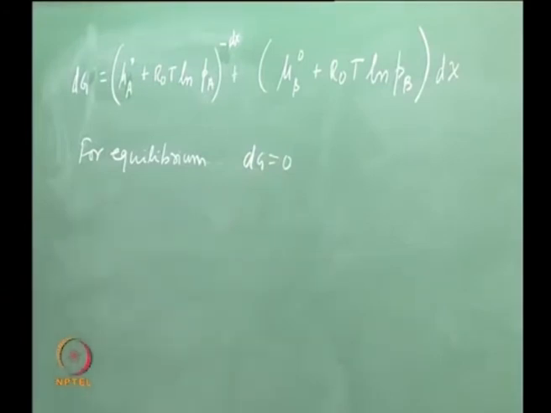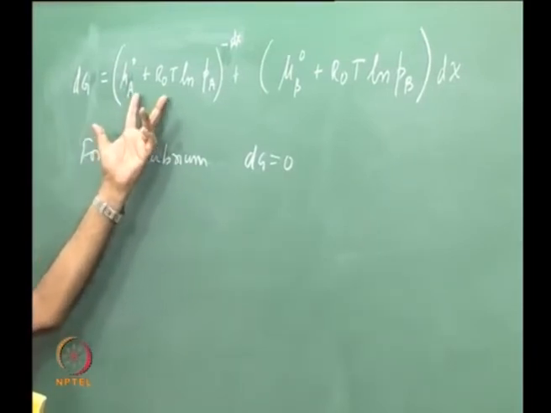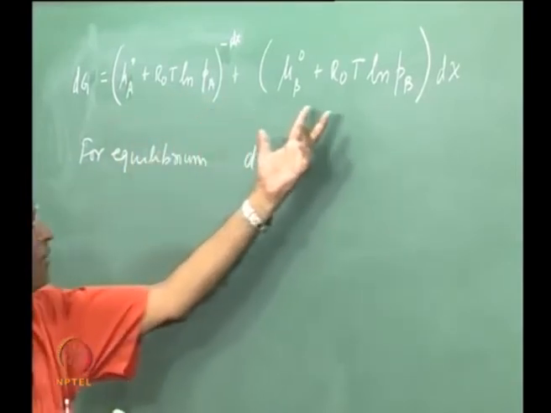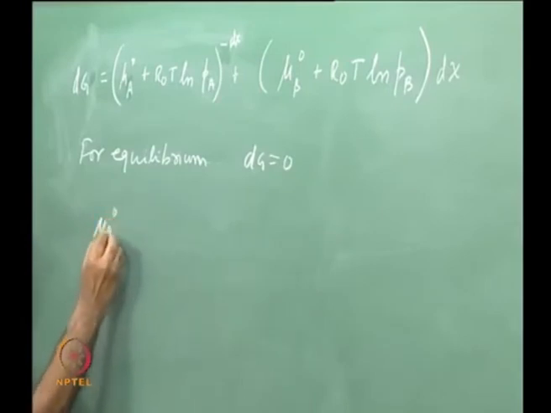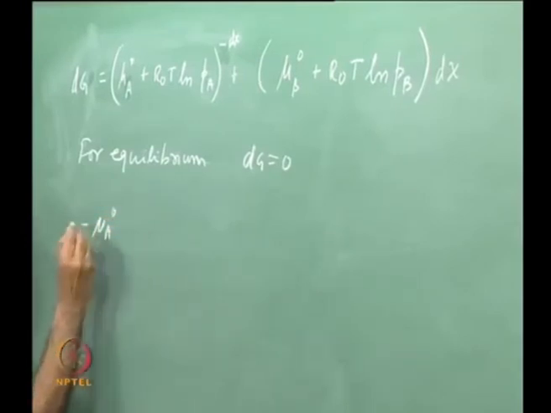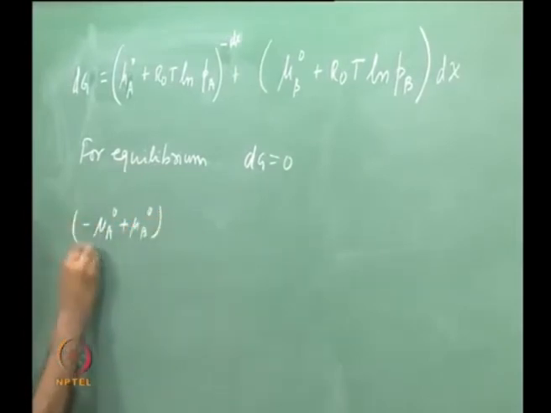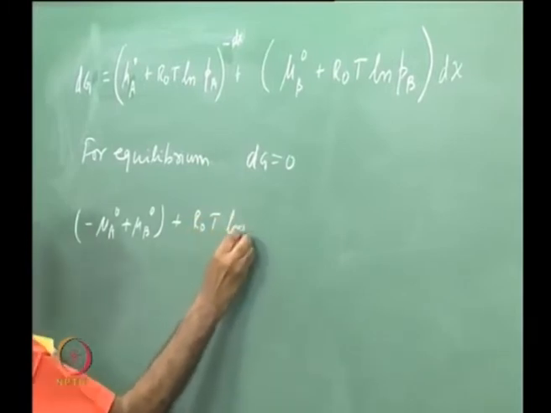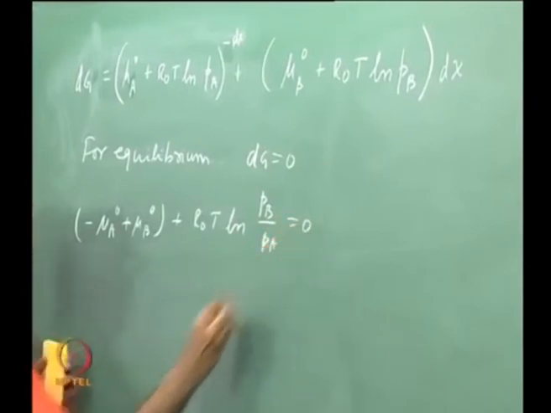And what is the value? We have mu A plus R naught T into ln Pa, and therefore I get minus mu A plus mu B plus R naught T into ln of Pb by Pa is equal to 0.